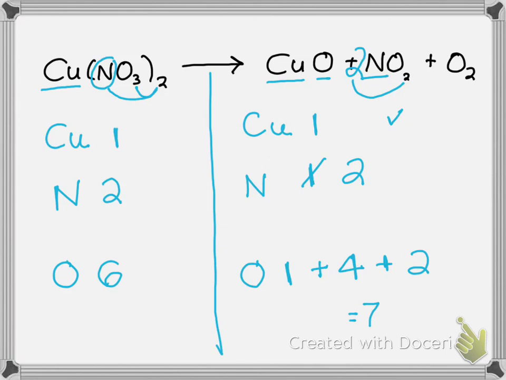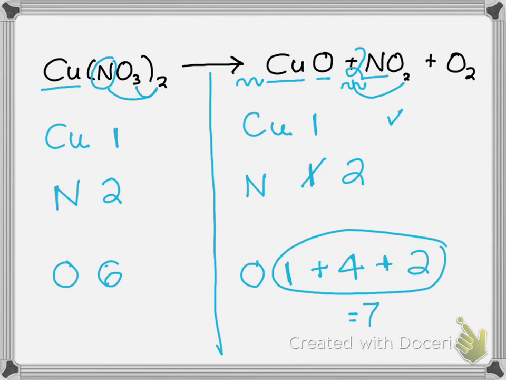So looking at this oxygen here, it's hard. There's not a way to get 6 into 7. So there's a couple ways you can approach this. And what I'm seeing myself is I do not want to add a coefficient here or change this coefficient, because if I do that, I change everything.